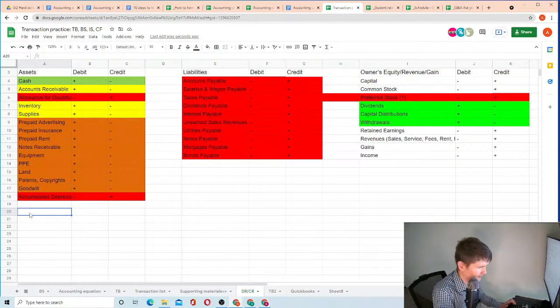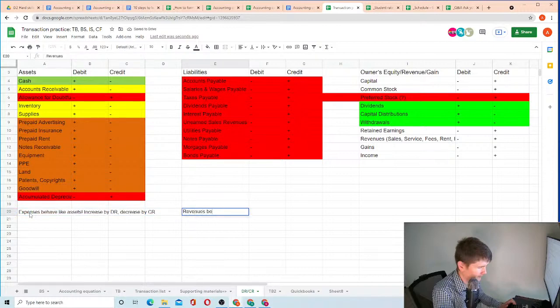That's a bit counterintuitive. Expenses behave like assets. Increase by debits, decrease by credits.